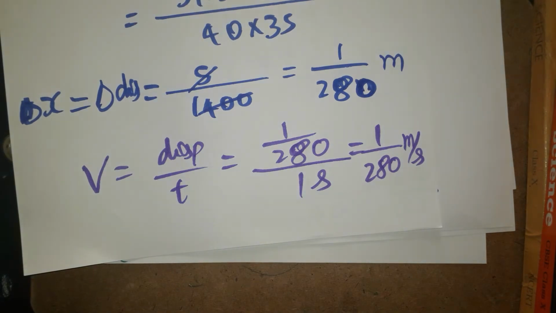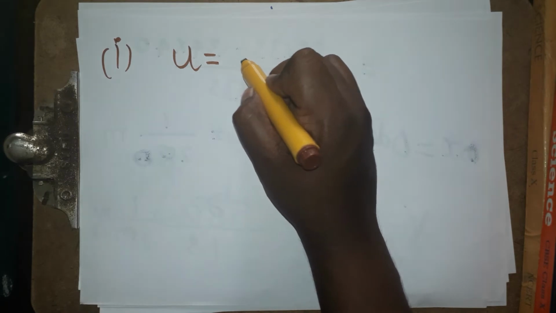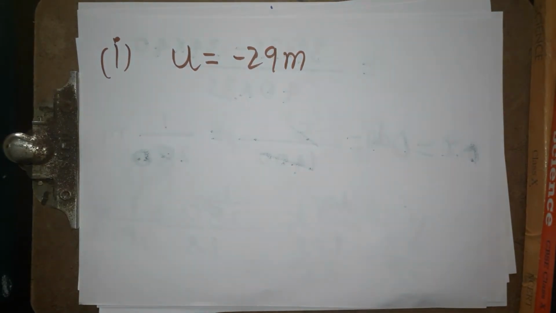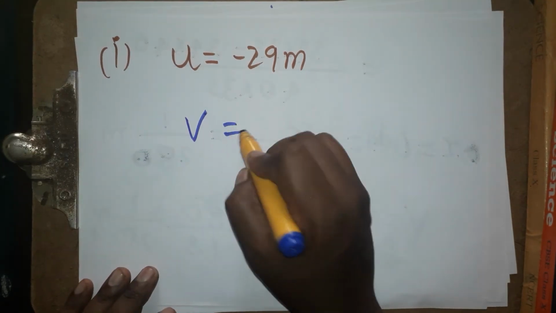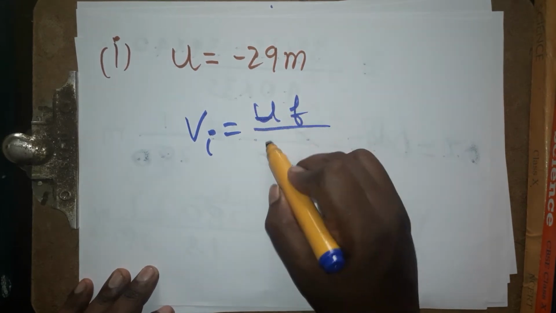Now the second case I am going to do the same way. In the second case, first we will see the image distance. u is going to be taken as minus 29. u is always negative only, minus 29 meter. We know v is equal to u f divided by u minus f.